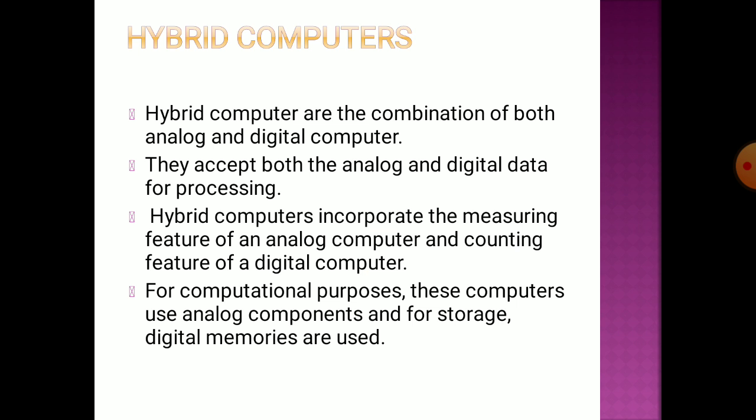For computational purposes, these computers use analog components, and for storage purposes they use digital memories. So how does this hybrid computer work? If it wants to do any calculations, it uses the analog components, and when the question of data storage comes, it uses digital memory in the format of binary numbers, that is 0 and 1.